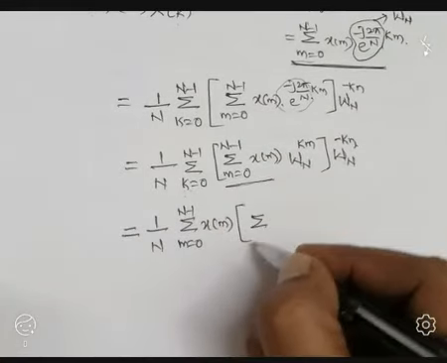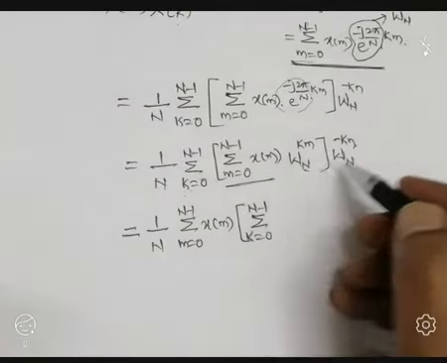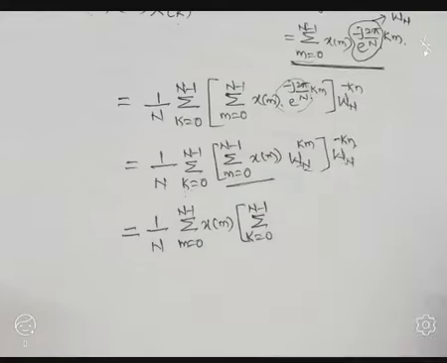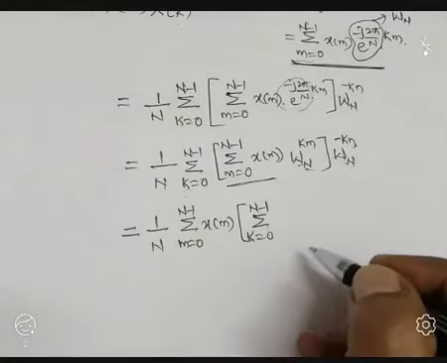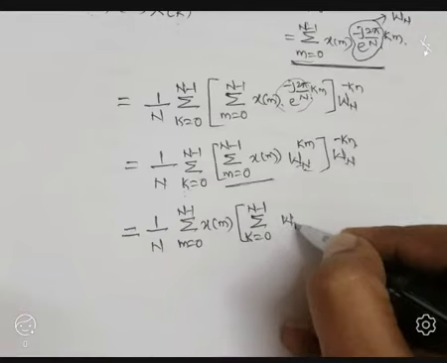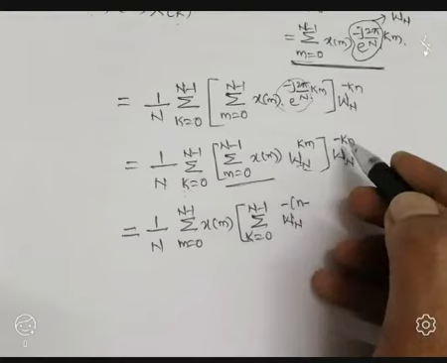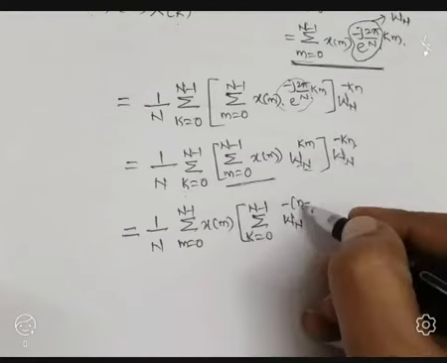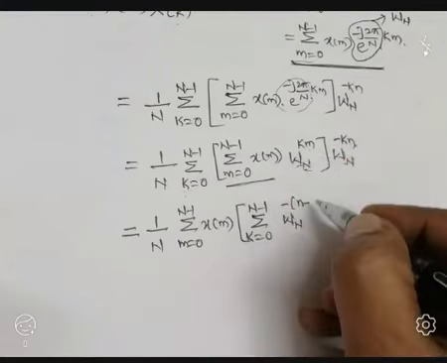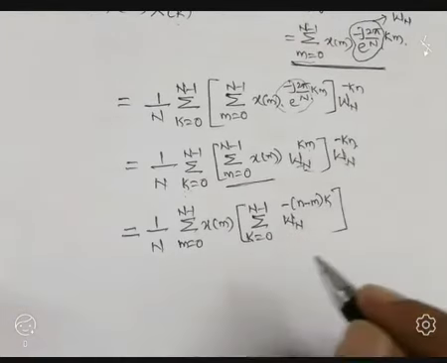Summation k equal to 0 to n minus 1, and from these two parameters I will take minus k as common. If I take minus k common, only n is left. Here it becomes minus m. So this is the expression.